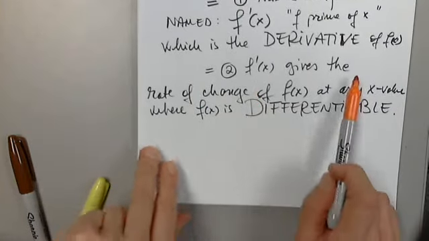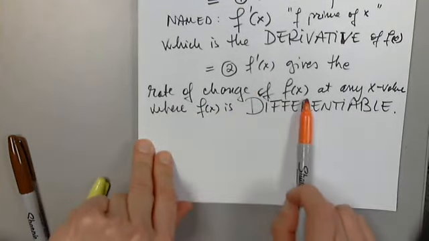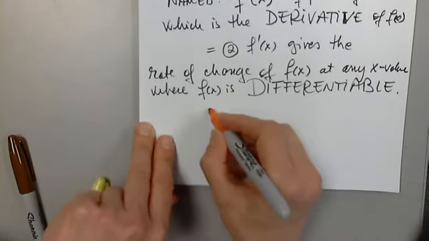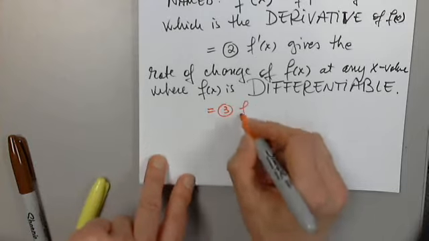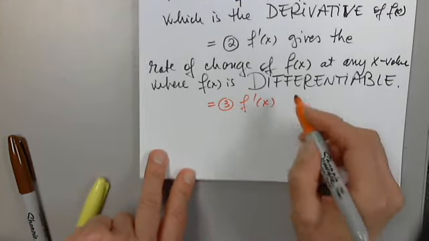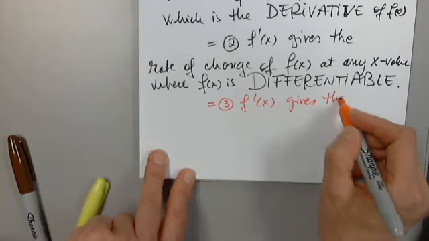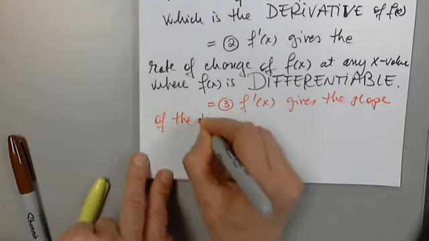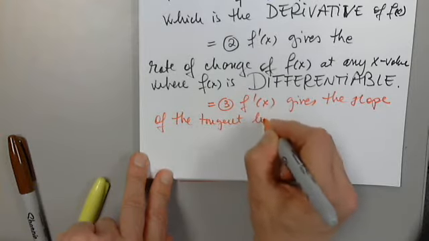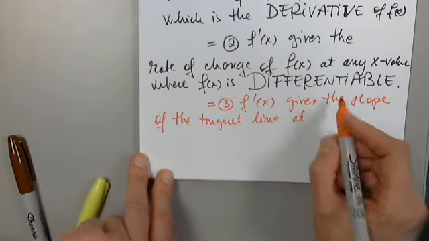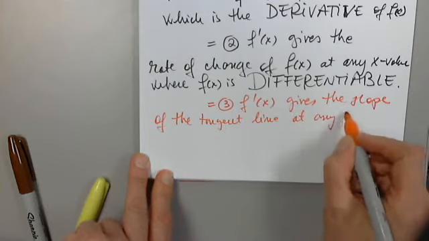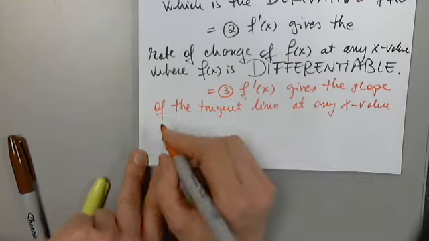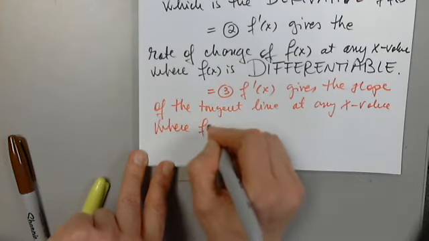f prime of x gives the rate of change of f of x at any x value where f of x is differentiable. Number 3, f prime of x gives the slope of the tangent line at any x value, same thing, where f of x is what? Yes.